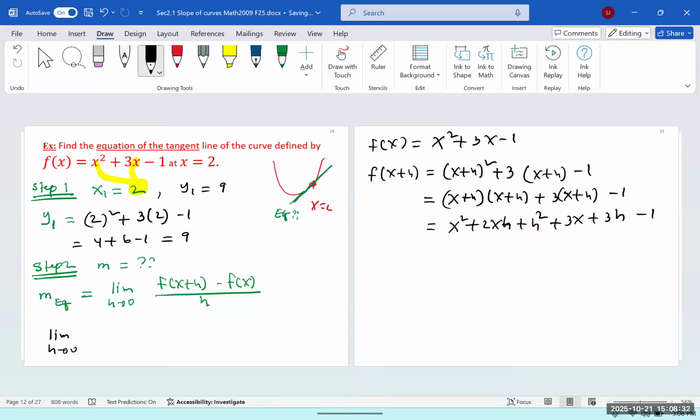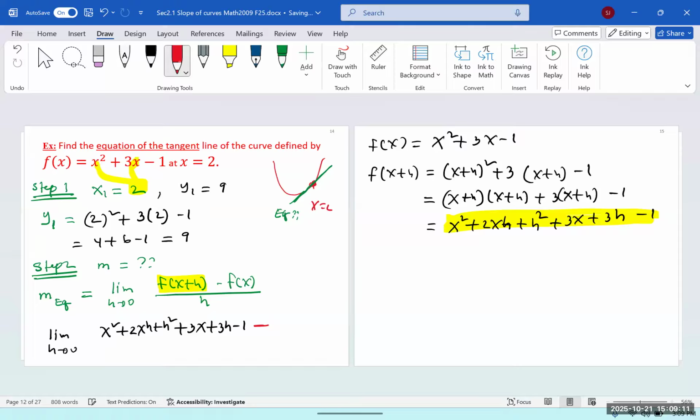So we are going to put this entire thing in place of this f of x plus h. The entire thing goes here. X squared plus 2xh plus h squared plus 3x plus 3h minus 1. And now we are going to subtract f of x.